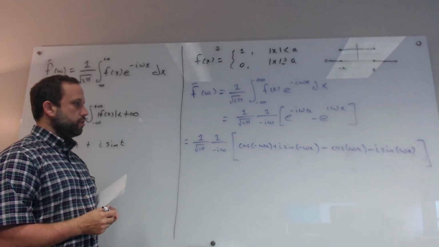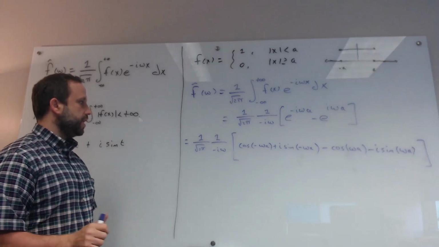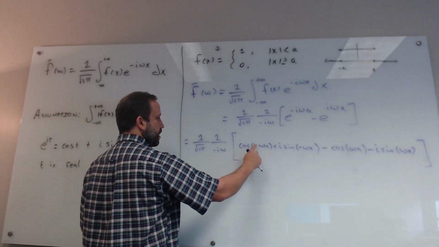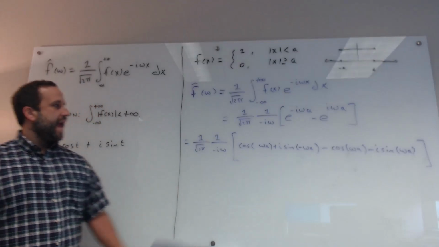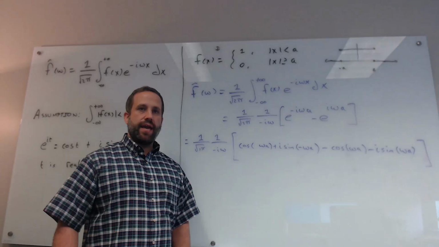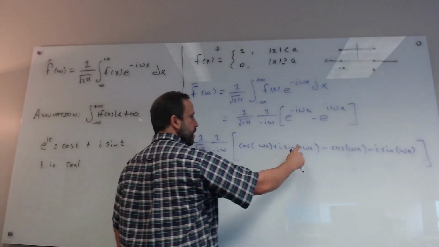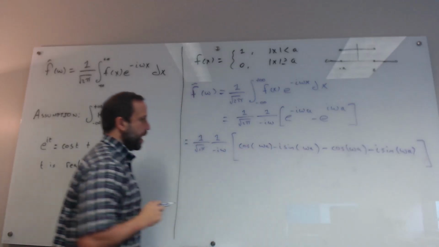Okay, so now we're going to use some properties of cosine and sine. Cosine is an even function, which means cosine of minus omega a is equal to cosine of omega a. And sine is an odd function, so sine of minus omega a is equal to minus sine of omega a.